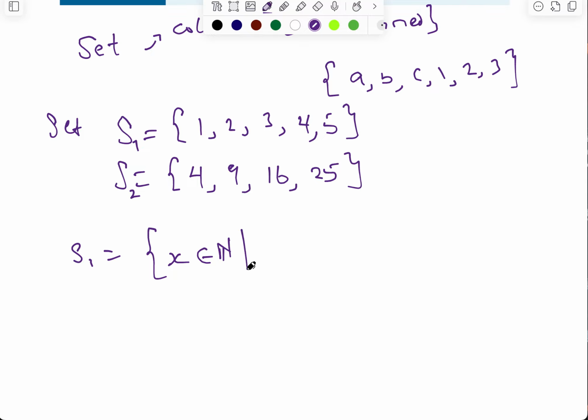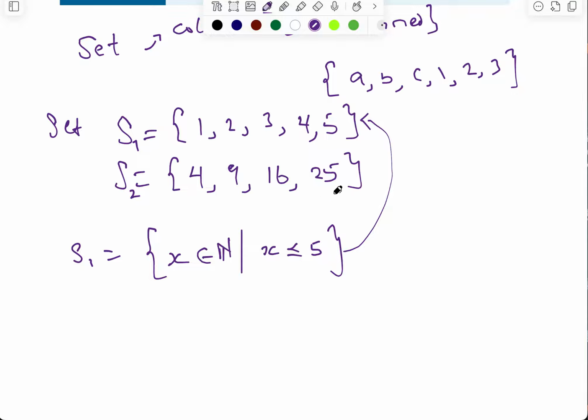So if you look at this definition now, I've already made everything compact. Number one, I'm saying that any member of this set will be a natural number. But what are those natural numbers? I'm talking about natural numbers that are less than or equal to 5. And you know that the natural numbers that are less than or equal to 5 are 1, 2, 3, 4, and 5. So this also still describes this set.